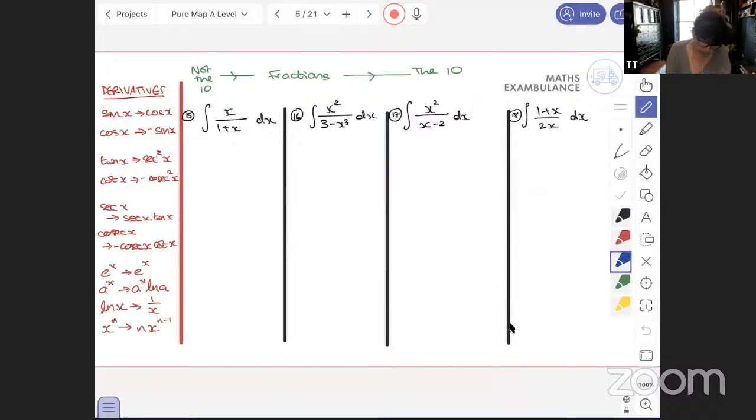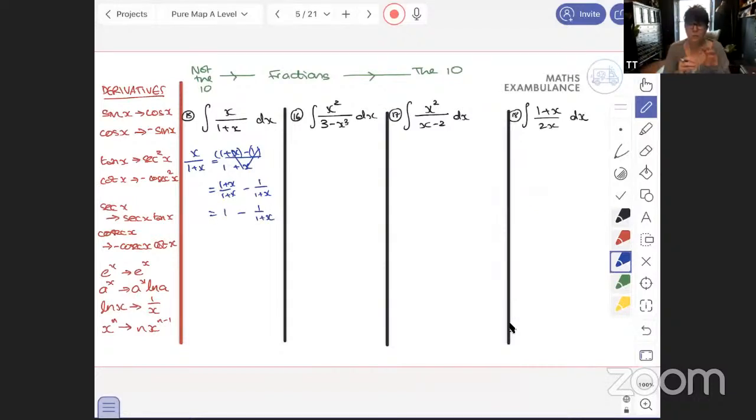So here's what I'm going to do for the first one. x over 1 plus x is the same as 1 plus x minus 1 all over 1 plus x. Those of you who've done lessons with me will have seen this trick a lot. I really like it. I added 1 and then took it off again on the top. That is true, what I just wrote. You can't deny it. So that means I can write it as 1 plus x over 1 plus x minus 1 over 1 plus x, which is 1 minus 1 over 1 plus x.